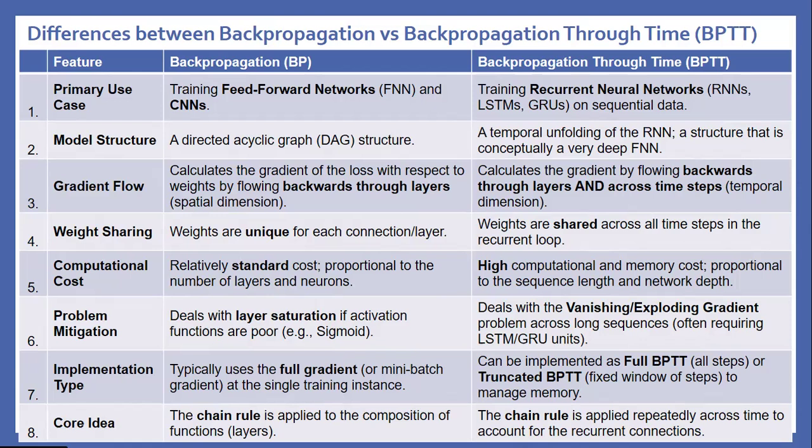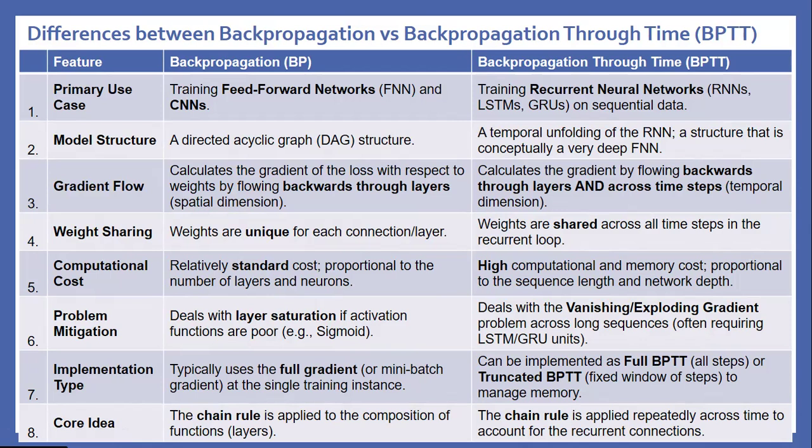Gradient flow: backpropagation calculates the gradient of loss with respect to weights by flowing backward through layers, the spatial dimension. Backpropagation through time calculates the gradient by flowing backward through layers and across time steps, the temporal dimension. Weight sharing: in backpropagation, weights are unique for each connection or layer.